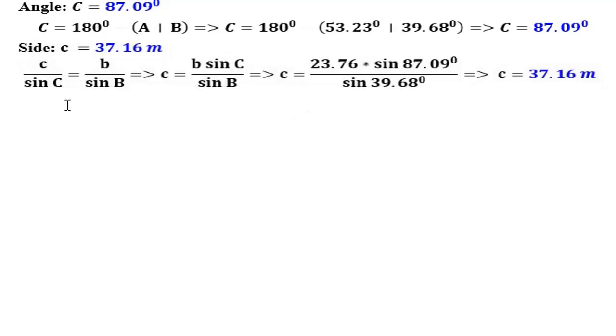Then to find side C, it is C over sine C equals B over sine B. Then C is B sine C over sine B, which is C equals 23.76 times sine 87.09 over sine 39.68, which gives us side C equals 37.16 meter.